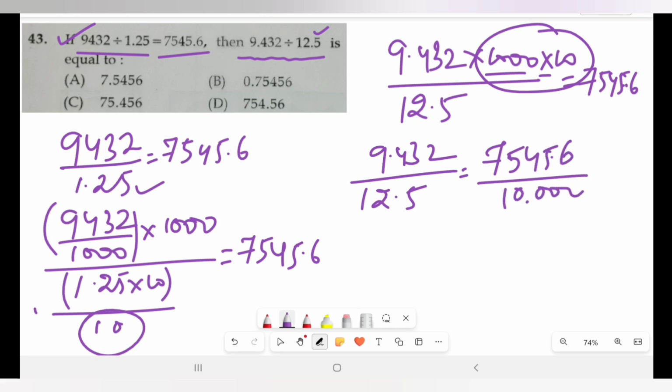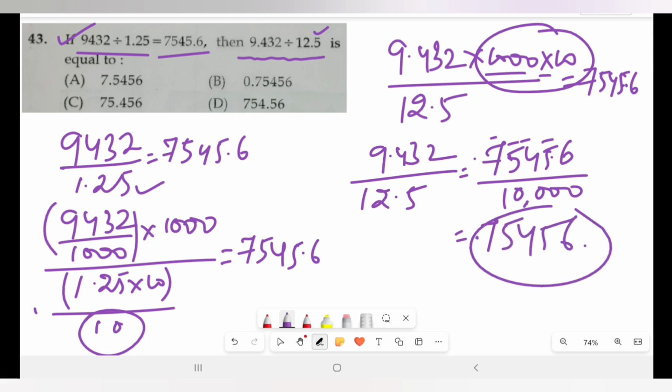The decimal point will come after counting four places, 1, 2, 3, 4, so it will come here. So 0.75456 is the answer, and B is the answer. But many students just directly divided this in only one iteration, got a 0.7 answer, and selected B as the option.